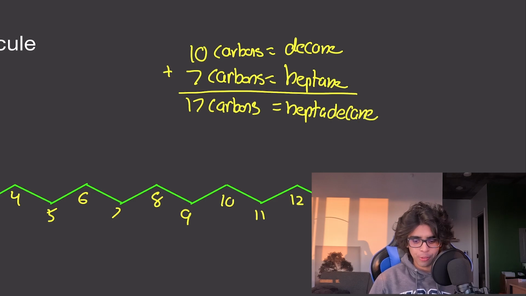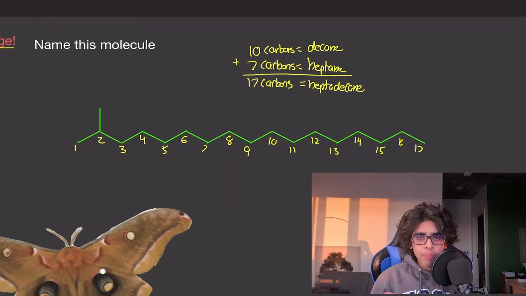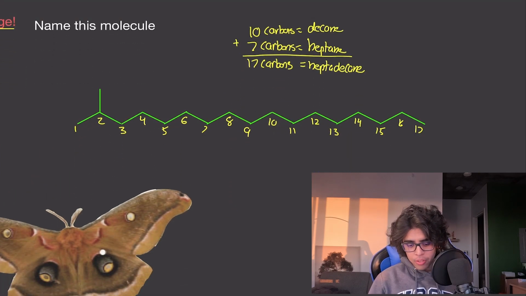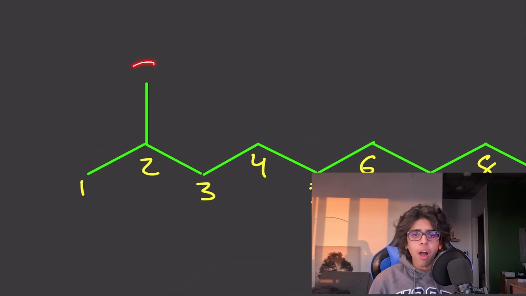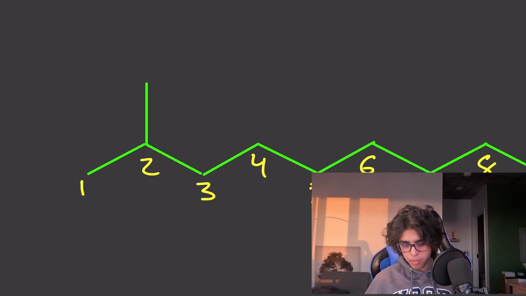That's kind of the shortcut to remembering this. So now we have a heptadecane, but what about this side chain here? Well, we automatically know this is a methyl group because it only has 1 carbon here. 1 carbon. So it's automatically a methyl group. We got that. Done.